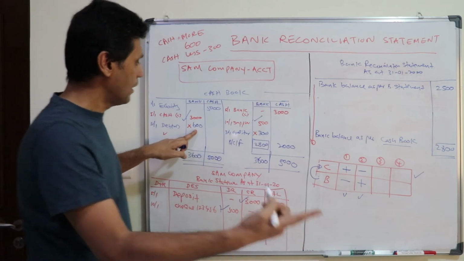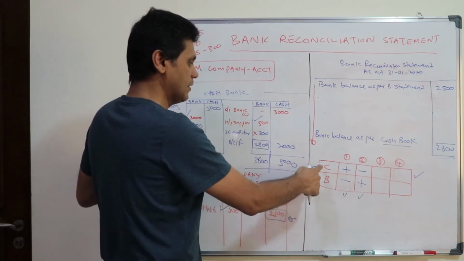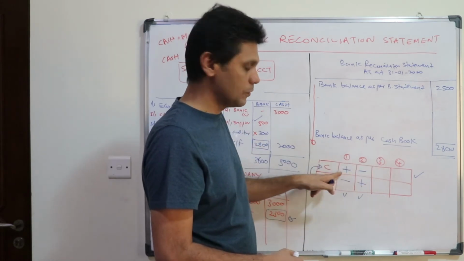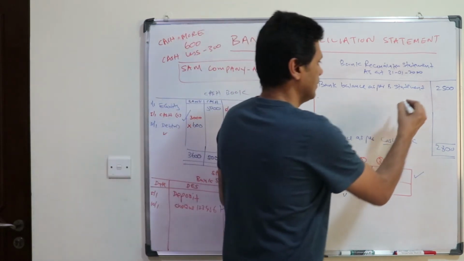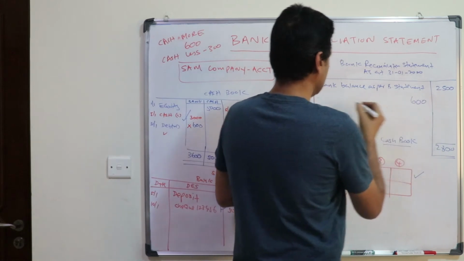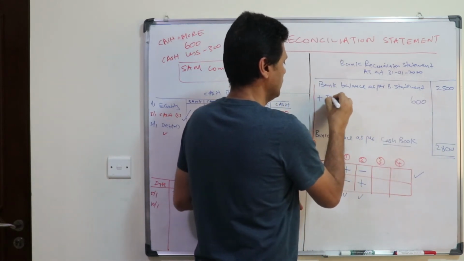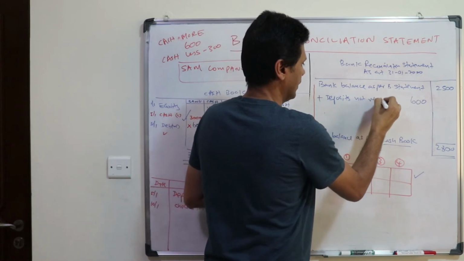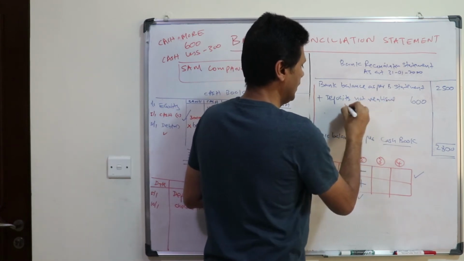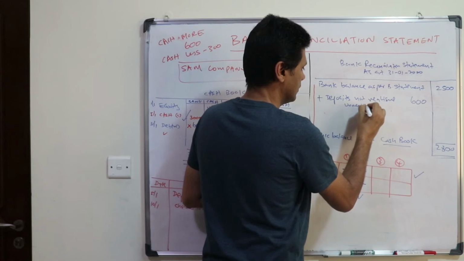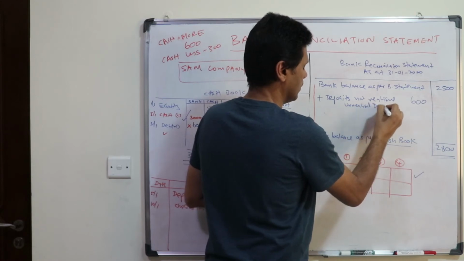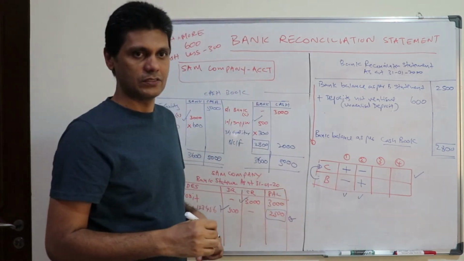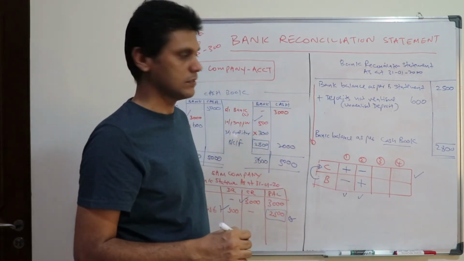So in order to arrive at the cash book balance, what you should do? You need to add 600. So what is this? Deposits not realized, or you can say unrealized deposits. You have to learn these words, unrealized deposits.